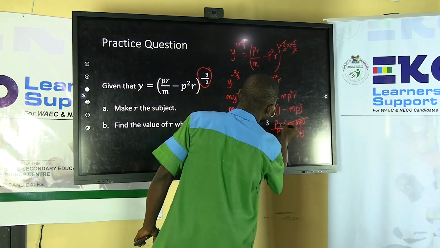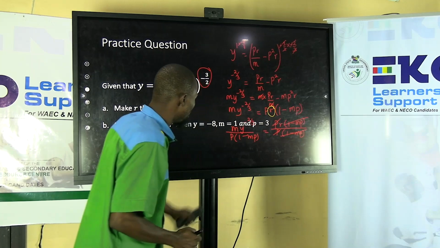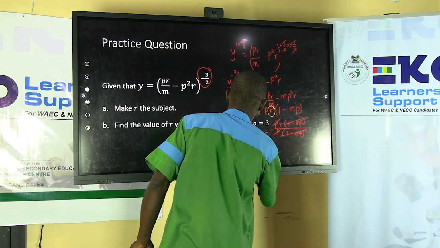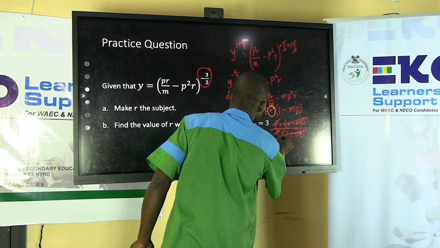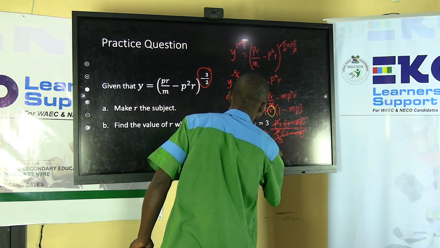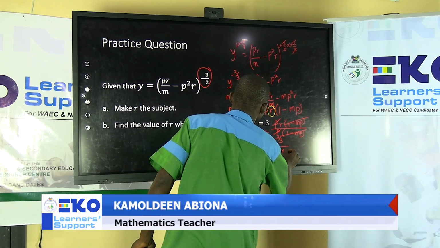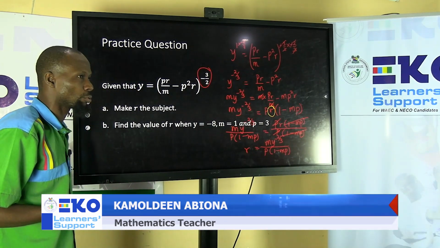Okay, so this we cancel, and this we cancel out, and we are left with r equals my raised to power minus 2 over 3 divided by p into bracket 1 minus mp. Okay, so that is the solution to that one.